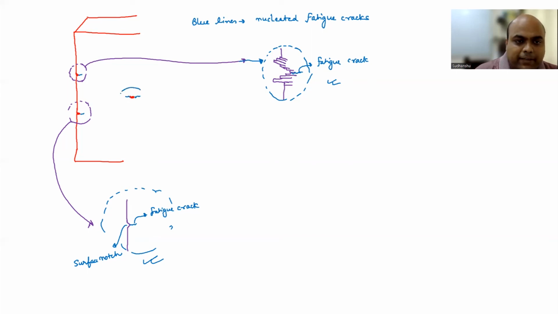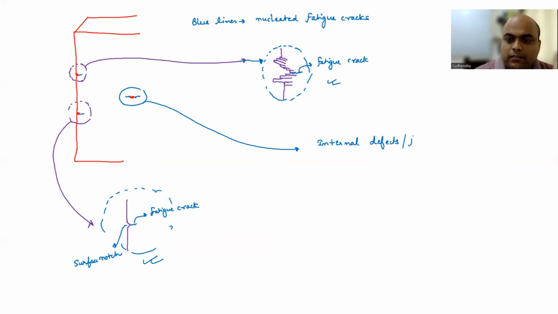Now, the third mechanism, which I have shown here, is the internal defect. Internal defects or flaws, right? Such as porosity, second phase particles. So when you have these internal defects, they can also act as a nucleation site for fatigue crack nucleation or fatigue crack initiation, right?